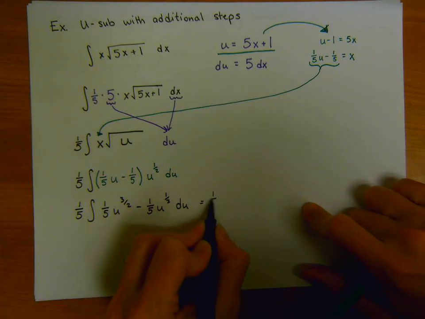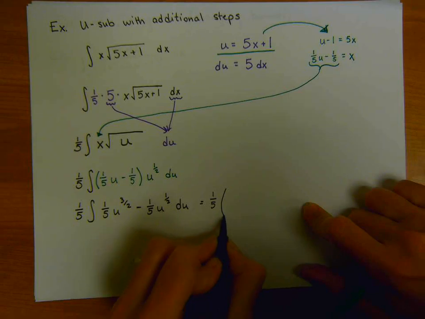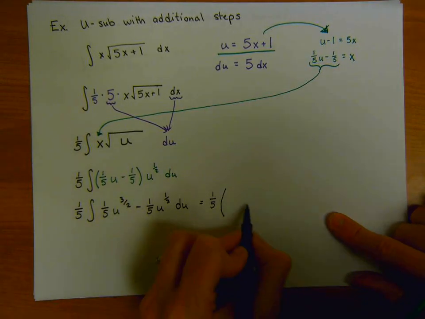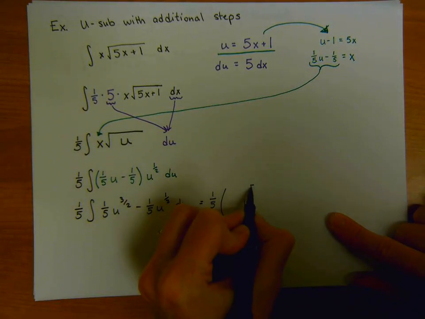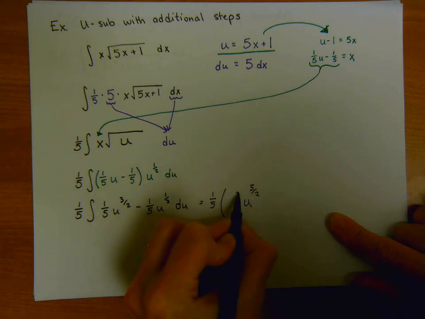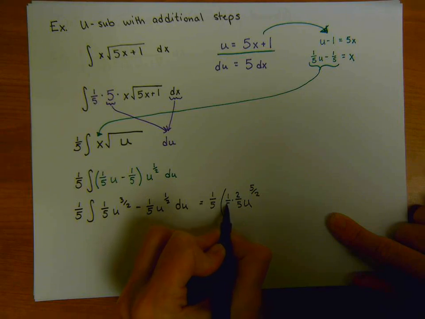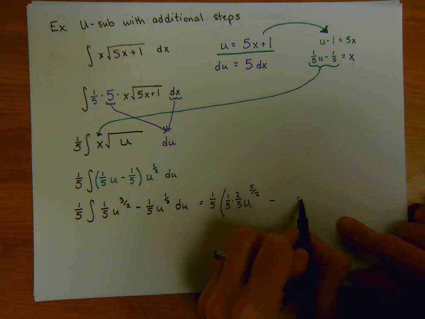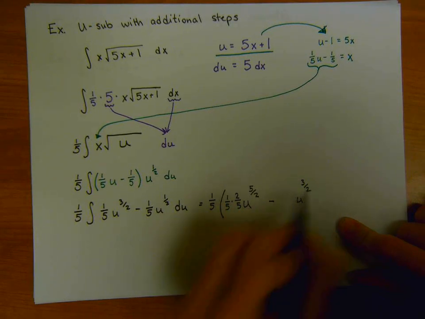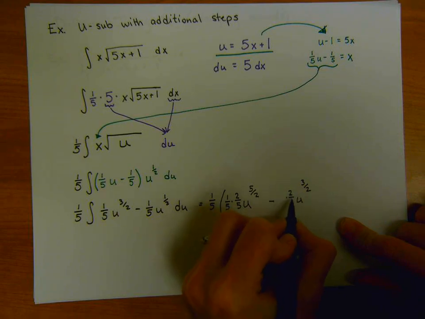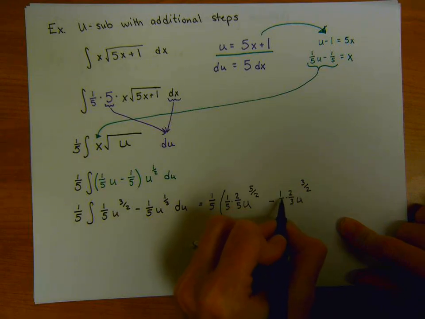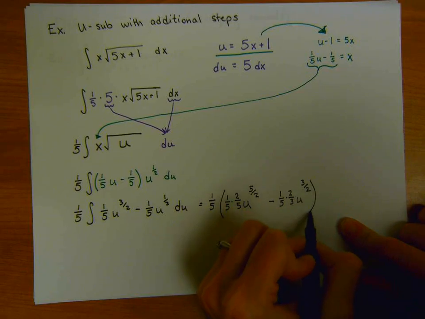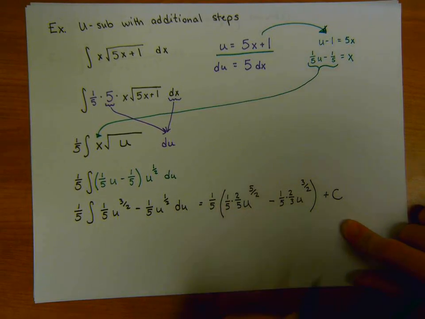This is going to be equal to 1/5 of, I'm going to raise the exponent, this becomes u to the 5/2, and I have to multiply by 2/5 times 1/5, because that was the original coefficient, minus u to the 3/2, I'm raising the value of the exponent by 1. I'm also going to multiply by the reciprocal, 2/3 times 1/5, plus c.